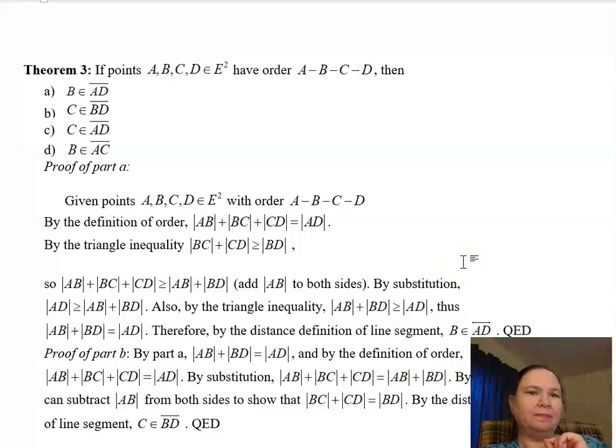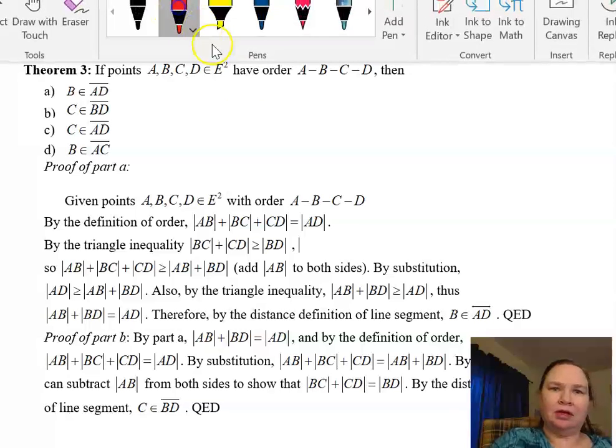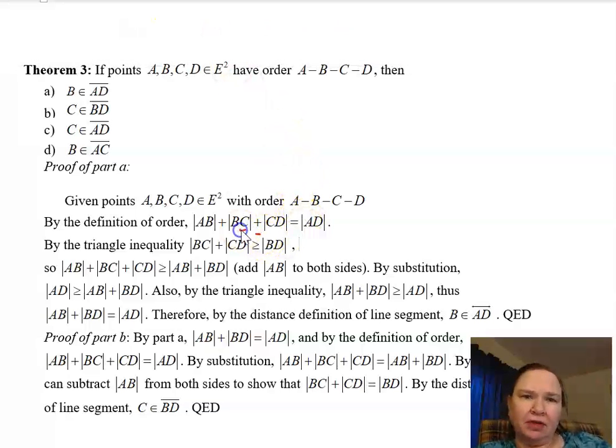All right, so how does that relate to this equation up here? Well, let me grab a pen here. I have here BC plus CD, and that's plus AB. So if I add AB to both sides of that inequality, then I get the next inequality.